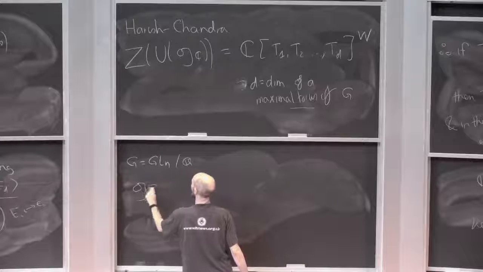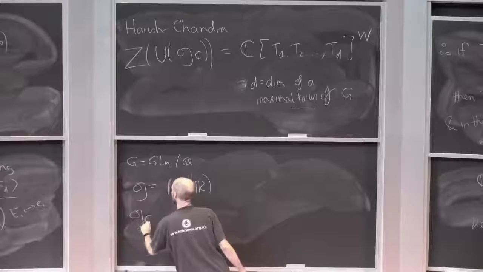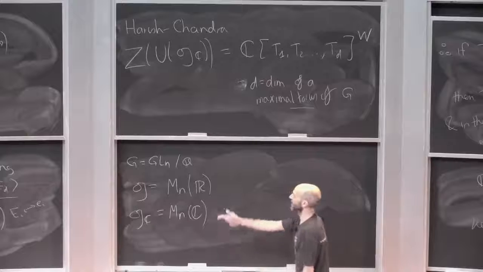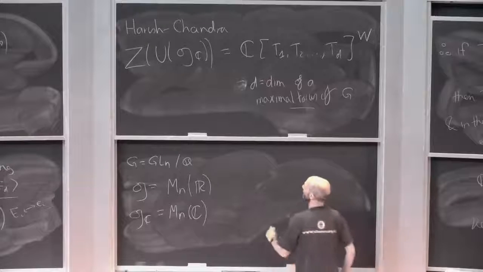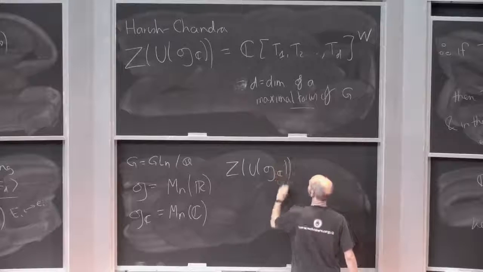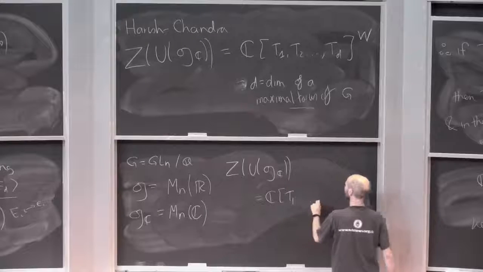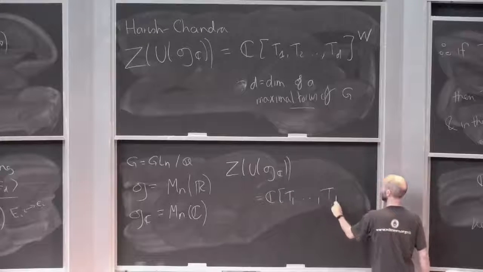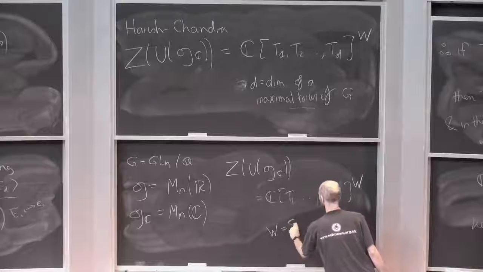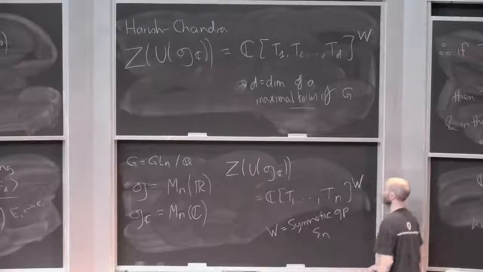Then the Lie algebra here is some matrix algebra over the reals. The complexified Lie algebra is a matrix algebra over the complexes. So there's n squared of these little e's, and the theorem of Harish-Chandra says that the centre of the universal enveloping algebra in this case is a polynomial ring in n variables this time, fixed by some W, and W is the symmetric group S_n, the symmetric group on n elements.